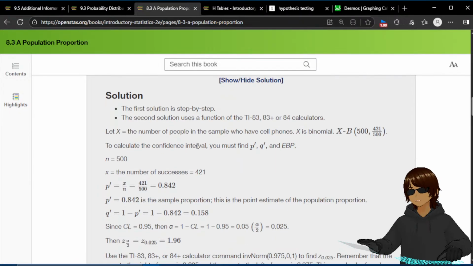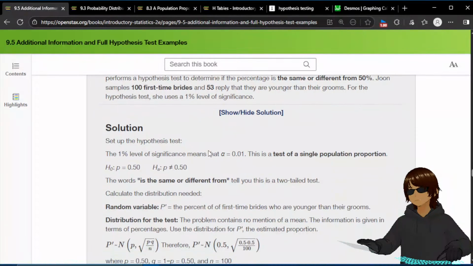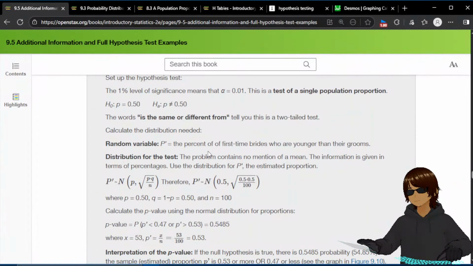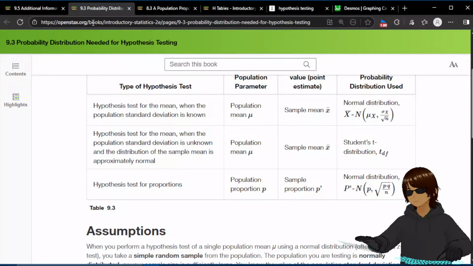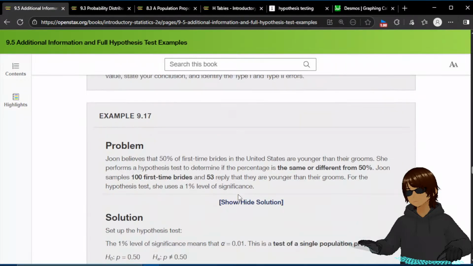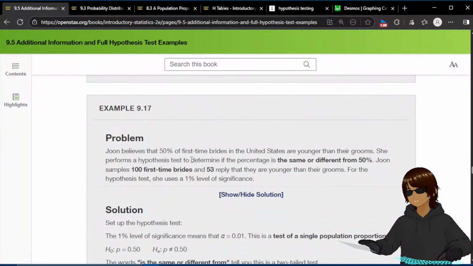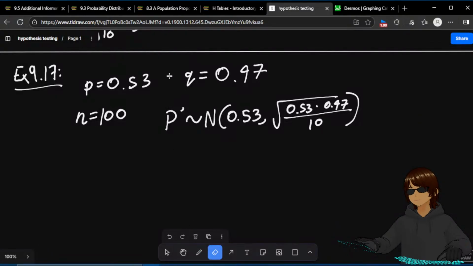This is just for the confidence interval. There was no mean here. Okay, I think this 53 is wrong. I should take 50 as a given. So P is 50.